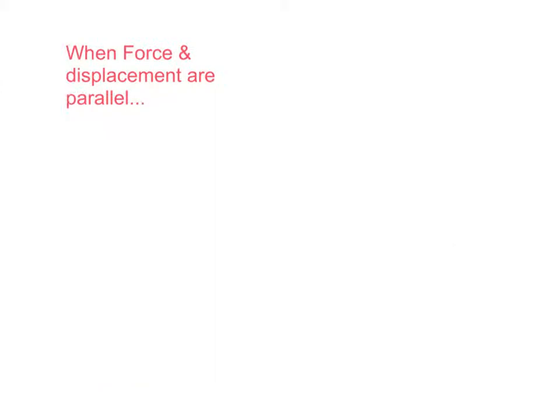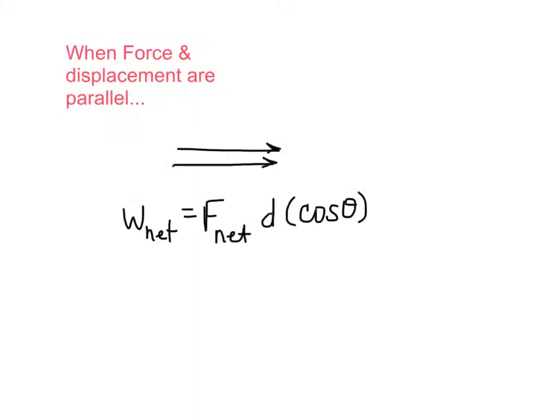Now let's just look at our equation and understand that when force and displacement are parallel, why is it that we end up with the maximum amount of work? When we have our force, and here this is the direction of the force and this is the direction of the displacement, our angle in between those is 0 degrees.